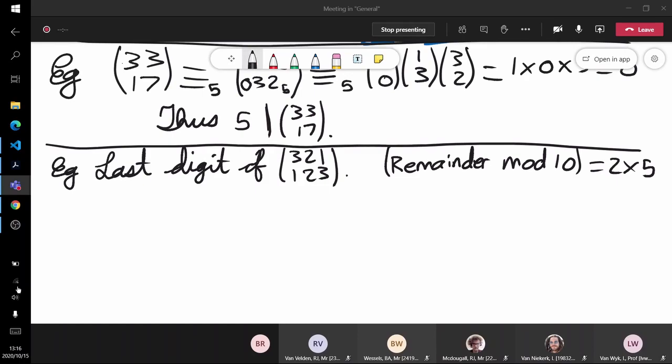So we're going to need to write 321 and 123 in base 2 and base 5. Okay, so 321 in base 10. If we want to write this in base 5, the biggest power of 5 is 125.